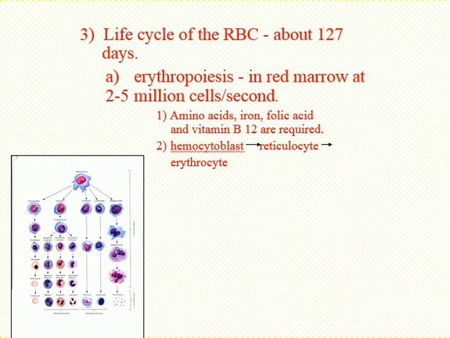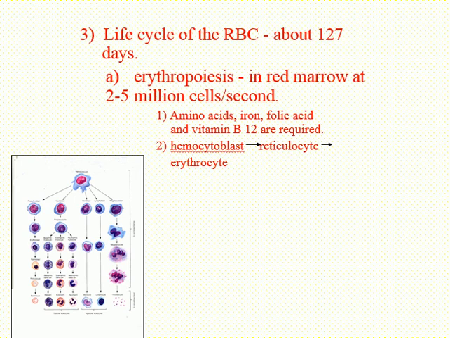However, if we start to see lots of reticulocytes showing up in the blood, it indicates that the person is making blood cells at a very high rate. It can indicate that there's something going on, like anemias or a hemorrhage. So we'll learn just that intermediate step, the reticulocyte, along with, of course, the hemocytoblast and the erythrocyte.